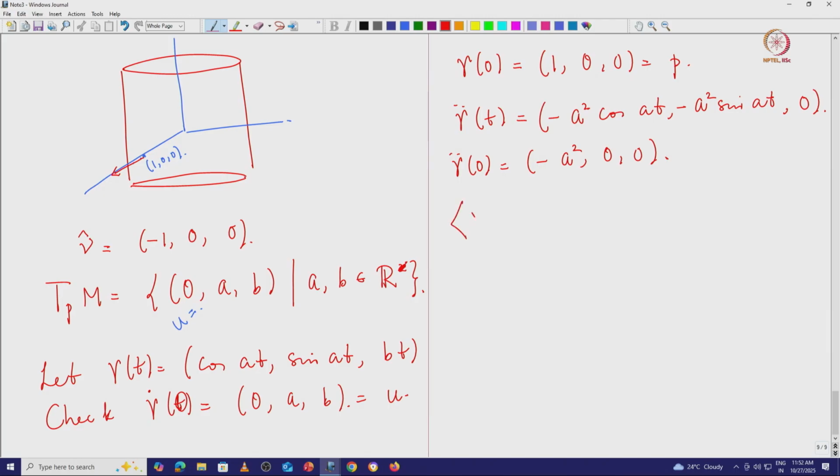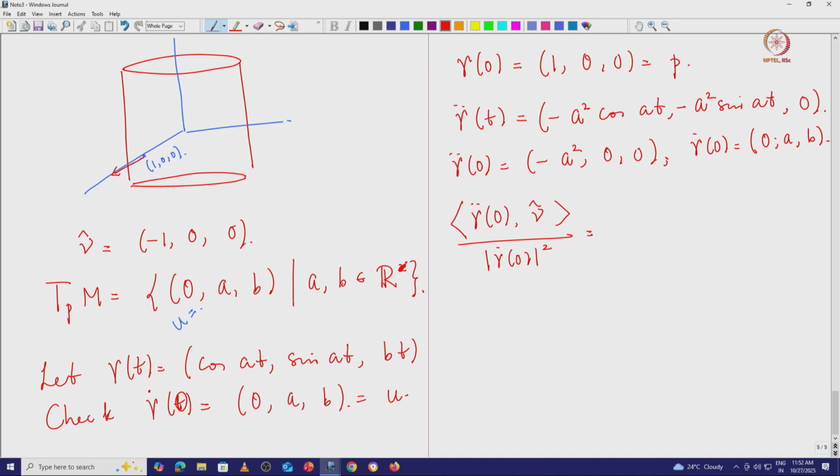So that means the quotient that shows up when you try to compute the principal curvatures is this, and of course you can also find out what gamma dot is. Gamma dot is going to be (0, a, b), that was basically the vector u.